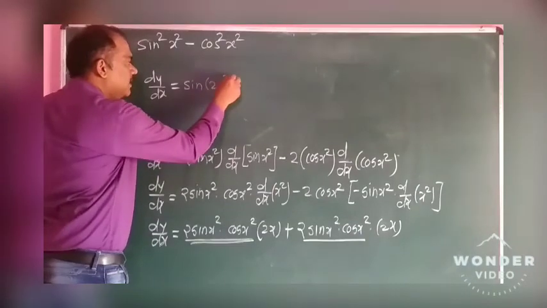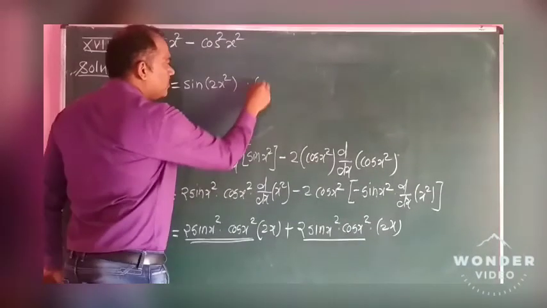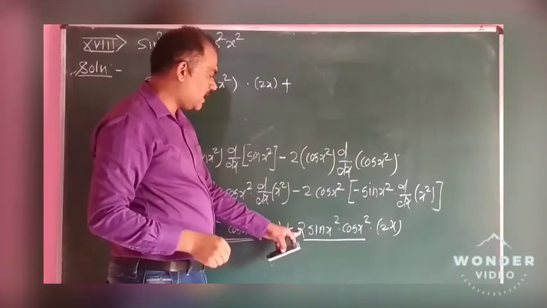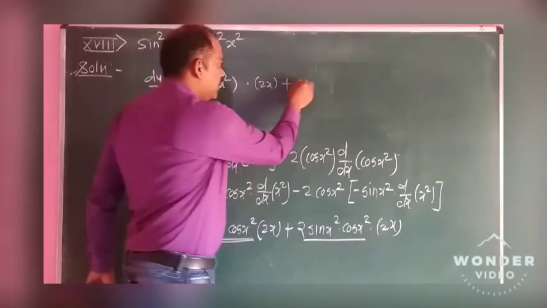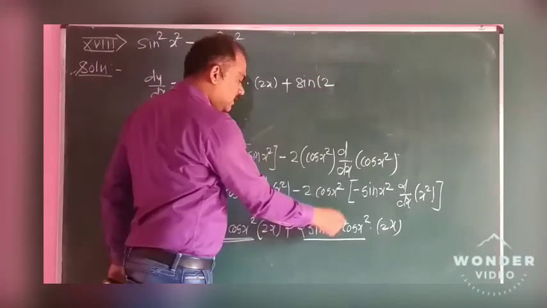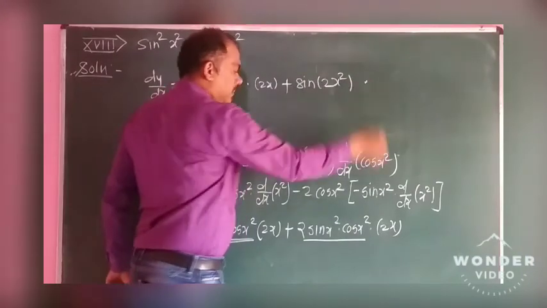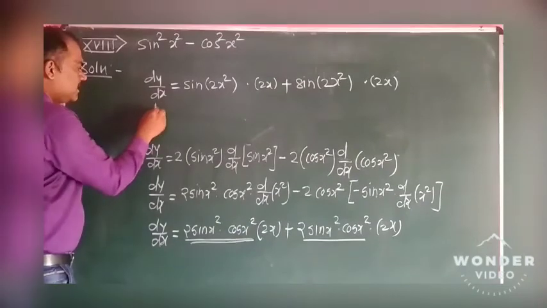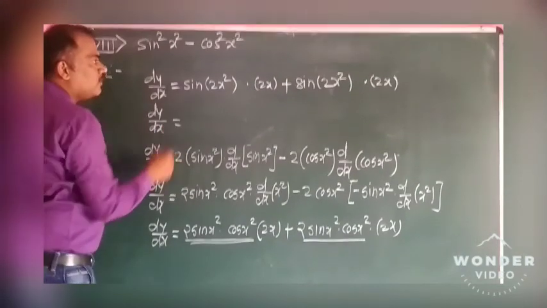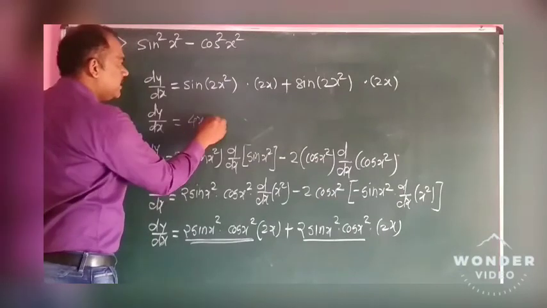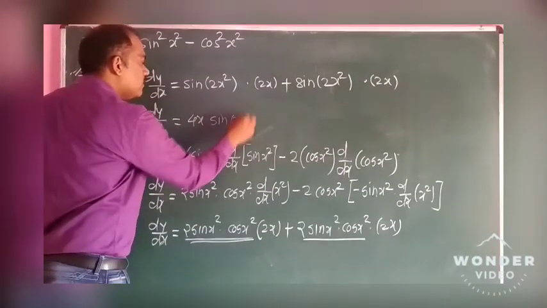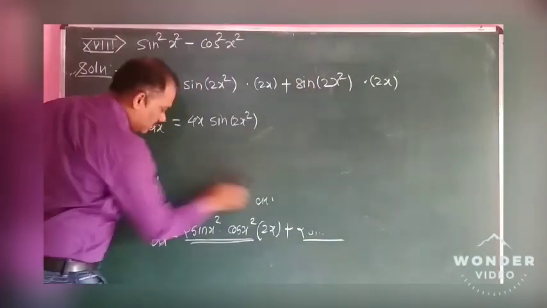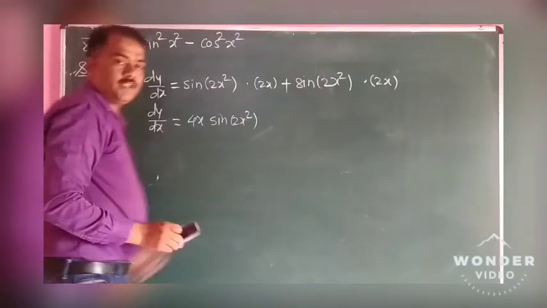Theta is nothing but x square, into 2x plus, here also we can use the formula 2 times sin theta into cos theta is nothing but sin 2 theta. That is sin of 2 theta. What is theta? x square into that 2x as it is. Now take the addition. That is dy by dx is equal to 4x into sin of 2x square. Okay, here we have to complete the question.